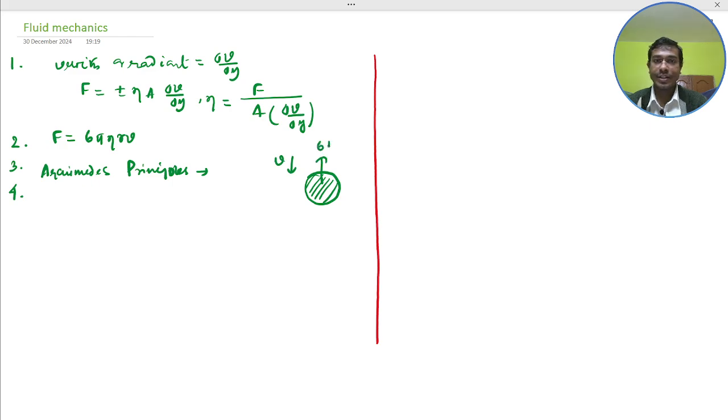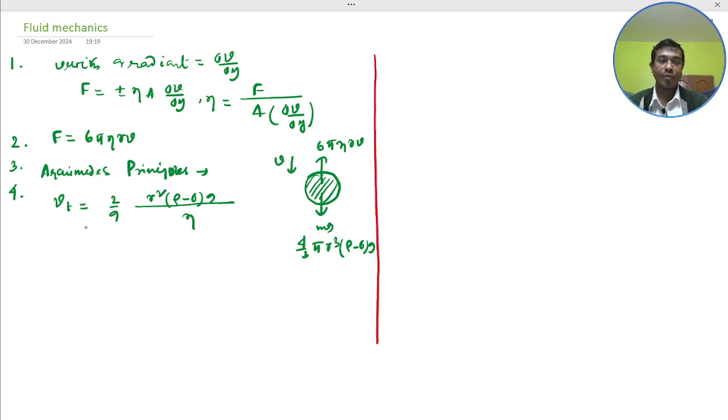The upward force is 6 pi eta r v by Stokes' law, and the downward force is mg, that is equal to 4/3 pi r cube (rho minus sigma) into g. Equating the forces, we get the terminal velocity Vt equal to 2 by 9 r square (rho minus sigma) g by eta. So one thing is that the terminal velocity is proportional to r square.